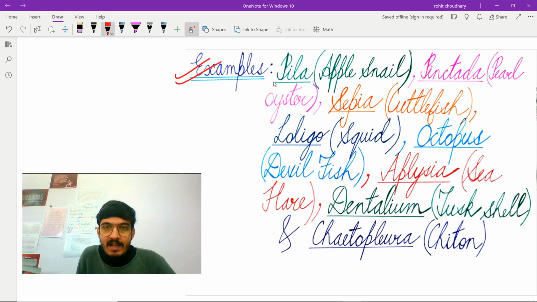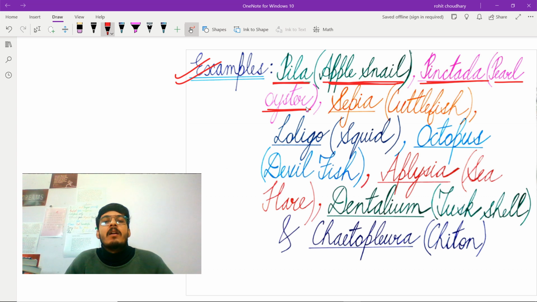The first one is Pila, commonly known as apple snail. The second one is Pinctada, commonly known as pearl oyster. We have already seen the picture of Pinctada, and how pearl formation takes place. The next one is Sepia, commonly known as cuttlefish.